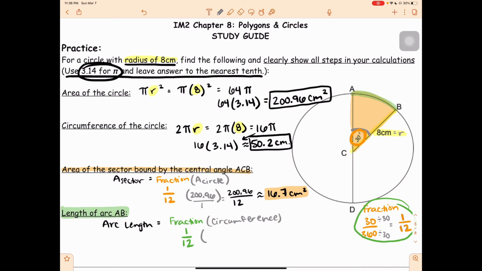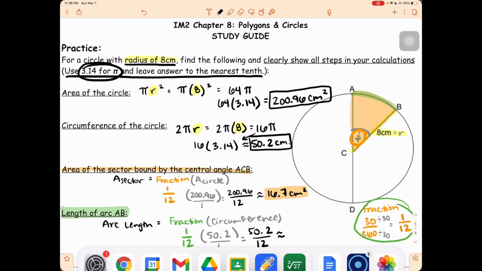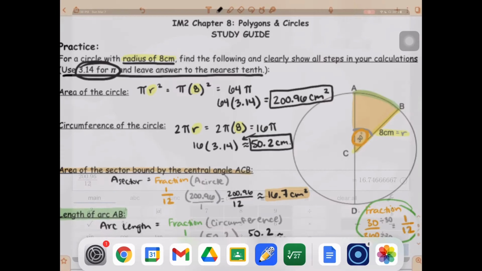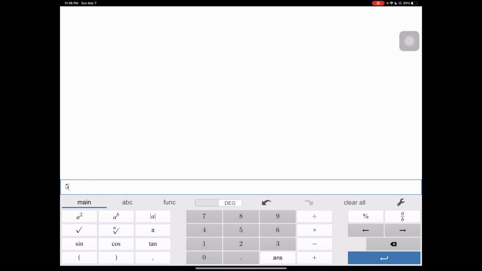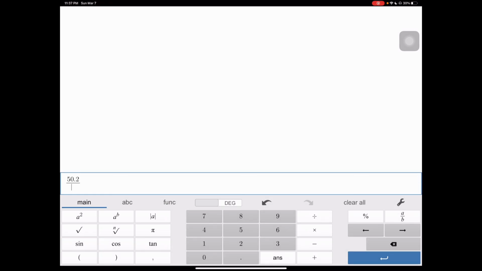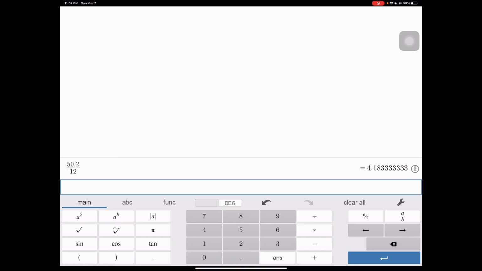So our circumference, we got 50.2. Again, we can put this over 1 and then multiply straight across. 1 times 50.2 is 50.2. 12 times 1 is 12. Now if we plug that into our calculator, 50.2 divided by 12, we're going to get approximately 4.18.